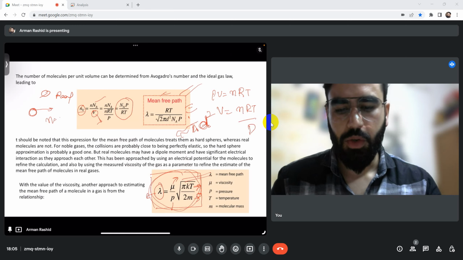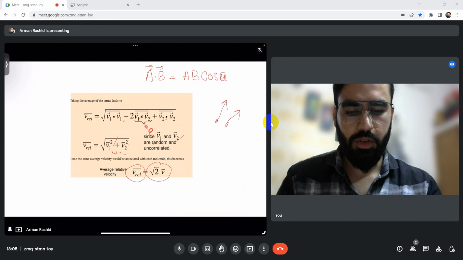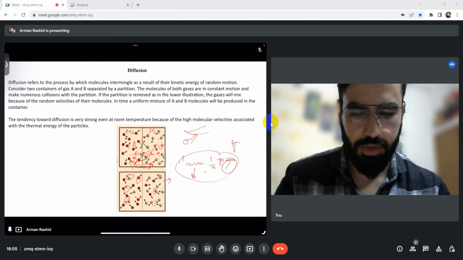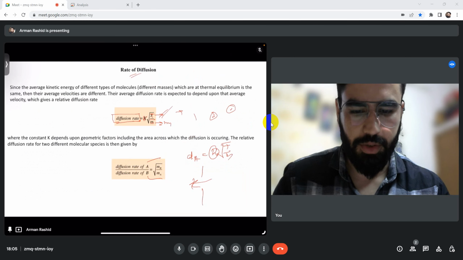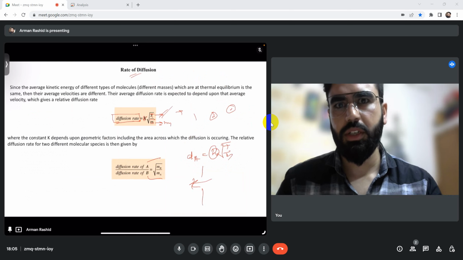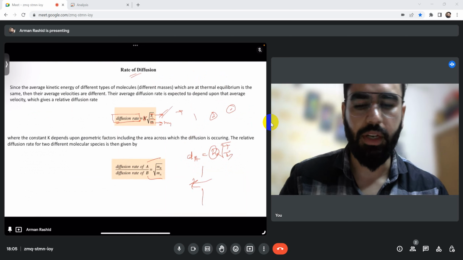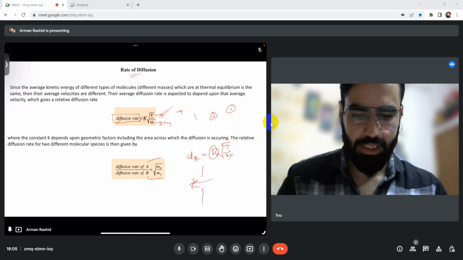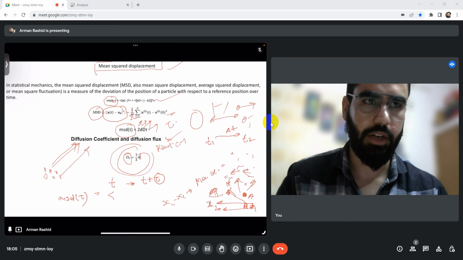Then I told you briefly about diffusion and some of the related equations: how diffusion can be related to the mean free displacement, and what the relation is between the diffusion coefficient and the diffusion flux.